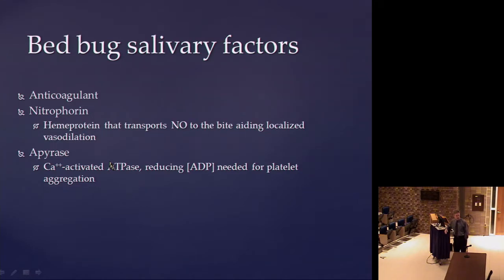And they also make a pyrase, which is an ATPase that interferes with the ADP cycle for platelets, so that helps prevent blood clotting. So there's a few different ways that they anesthetize, increase vasodilation, and also interfere with platelet aggregation so you don't get a blood clot at the spot. So, pretty sophisticated, fairly well adapted to feeding on warm-blooded mammals.